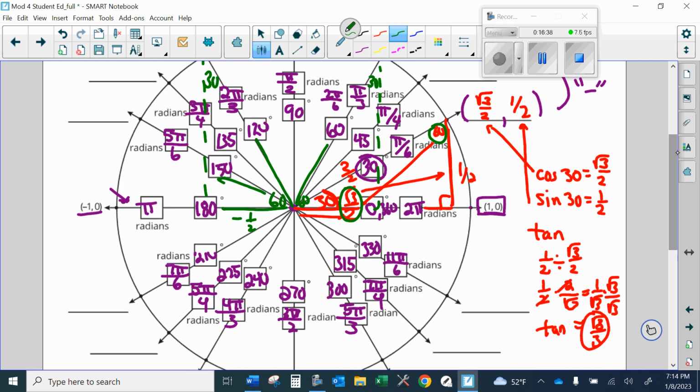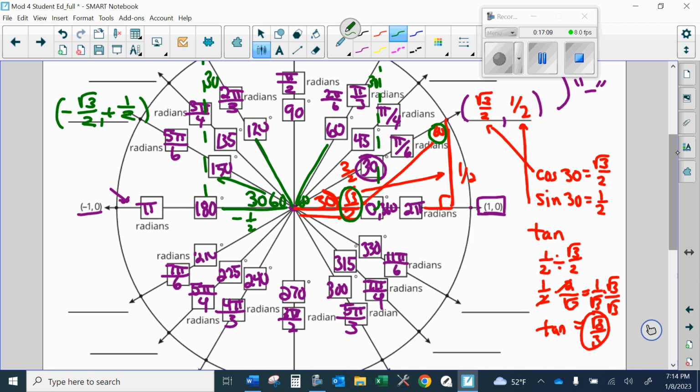Again, we're still going to have negative and positive. Okay, so at 150 here, we know it's negative and positive. Put your signs in. The reference angle for 150 is 30 degrees. What's always opposite 30? 1/2. That makes it the y coordinate. Keep forgetting. And then the non-reference angle up here is 60. So that's root 3 over 2. Every time it's 60 degrees, it's root 3 over 2.